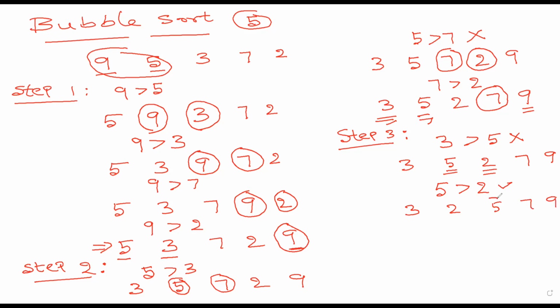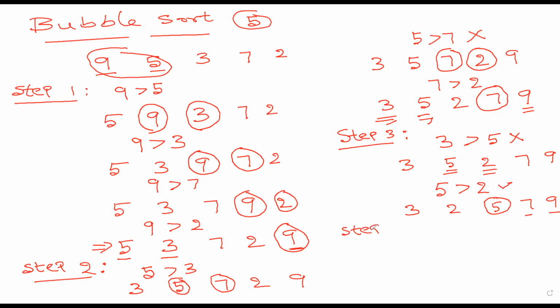By observing this, 5 reached its required position. There is no need to check 7 and 9 because those elements already reached their required positions, so no further comparisons with 7 and 9. That is the end of step 3.